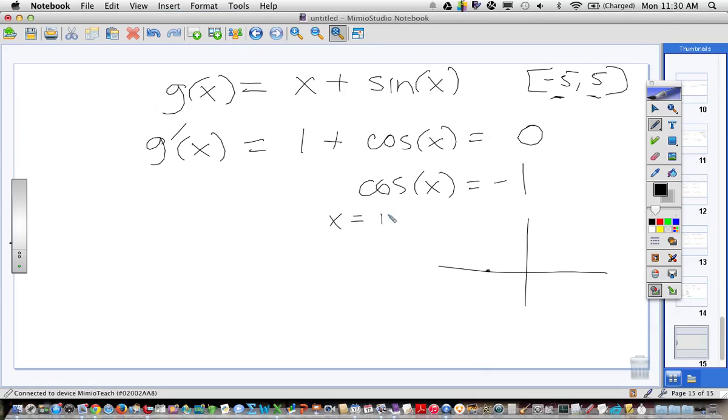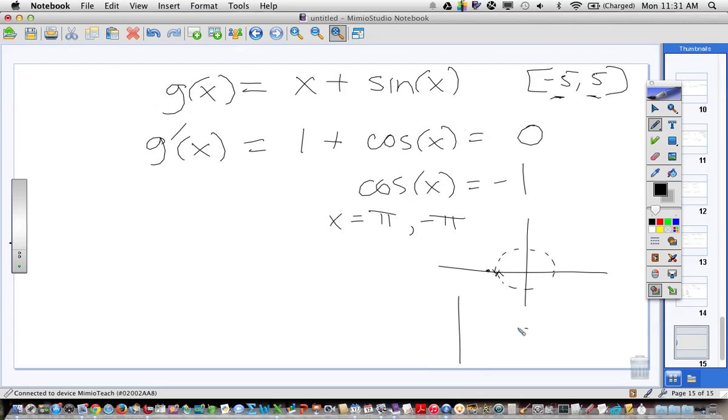So I would agree with pi. If we go around again, that'd be 3 pi. Well, that's like 9 something, so that'd be out of that interval. What about negatives? If you go this way on the unit circle, that's pi. What if you go this way? Negative pi. So negative pi is also a possibility.